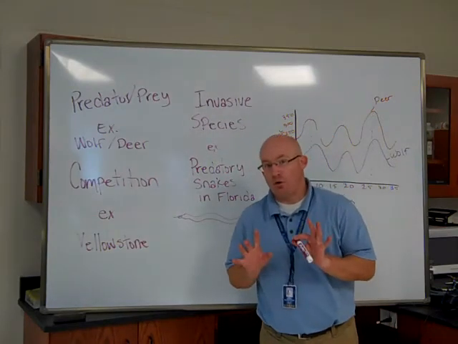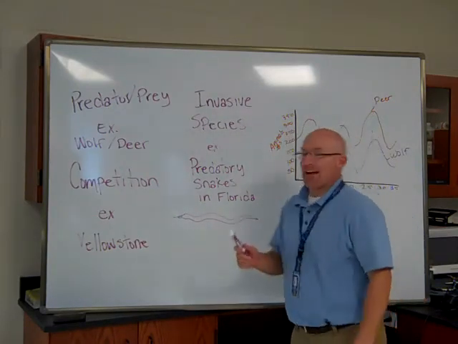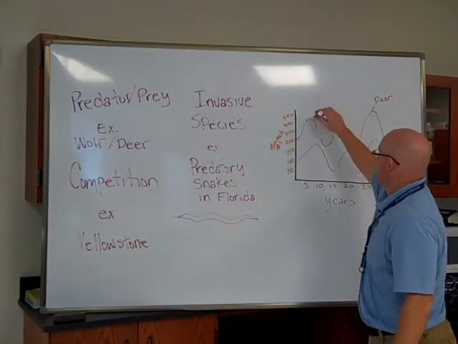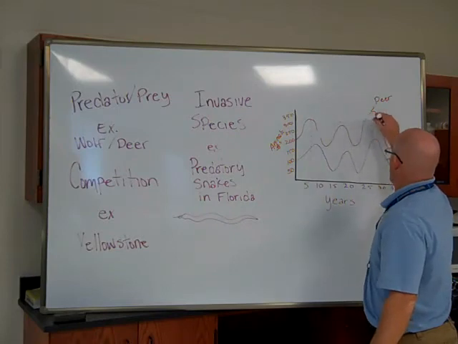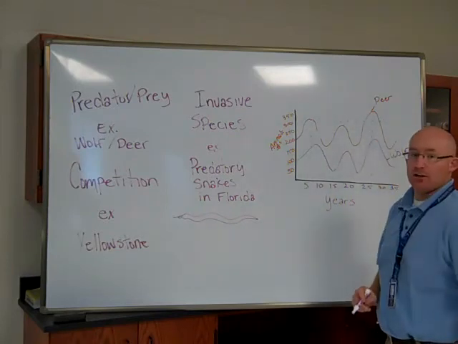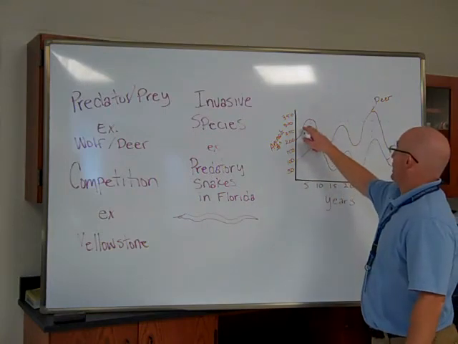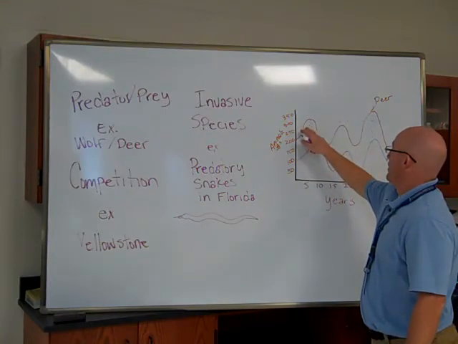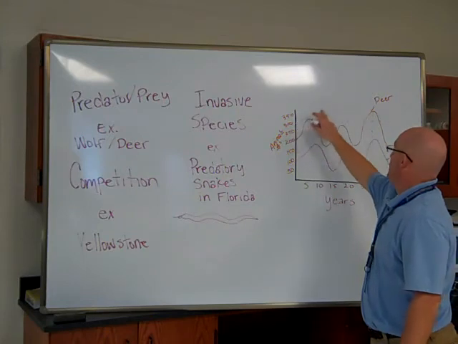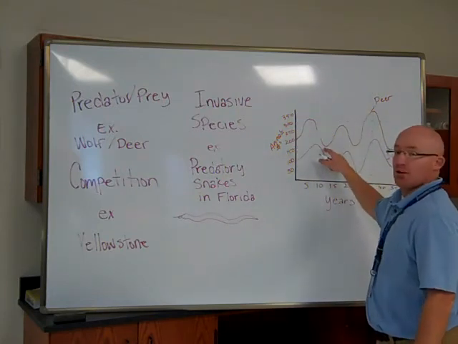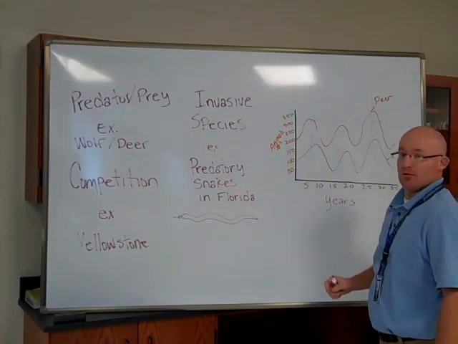Now we can take one more little dynamic, and we could say, in this situation, what is my carrying capacity for my deer? We've talked about carrying capacity also. Well, rarely do you see me go up above 300 to 350 deer. But when I drop down below 200, I seem to always rebound.